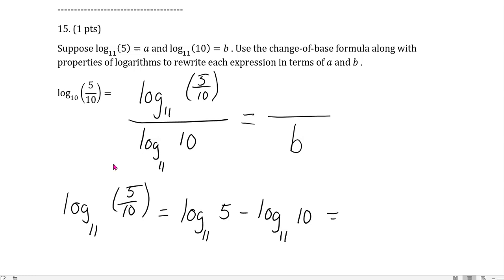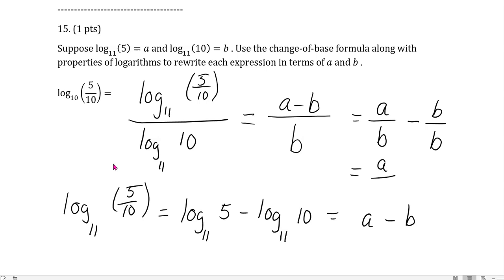I know that the log base 11 of 10 is B. I saw that from the first part. And the log base 11 of 5, based on the directions to the problem, is equal to A. That means that my numerator is now A minus B, divided by B. This can be written either in this form, combined together, or you can split it into two fractions by dividing each numerator by the common denominator of B. Since B divided by B is 1, this can be written also as A over B minus 1.